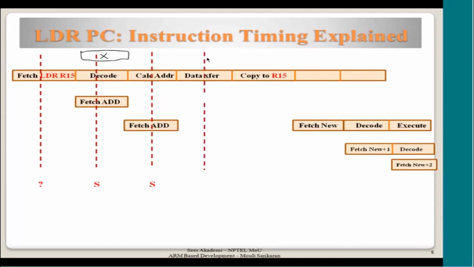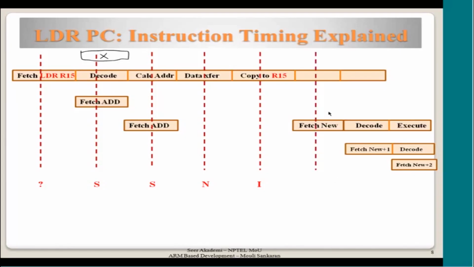Now the data transfer is for accessing the instruction stored at 104, which I showed you last time. That will be N, because it is a non-sequential access from the address of the previous instruction. Now that gets copied into R15, which will take one internal cycle, similar to the LDR we saw earlier.